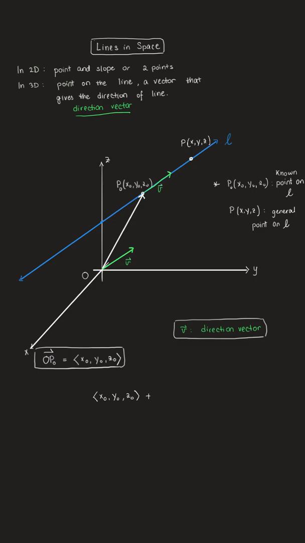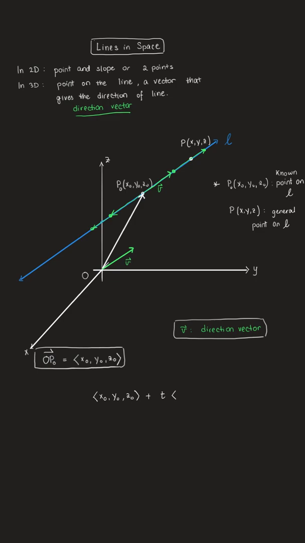And if I add v to our original P0, we're going to get another point on the line. If I add another v, we're going to get another point on the line. If I subtract v, we're going to get another point on the line. If I subtract half v, we're going to get a point on the line. So the way that we get all of our points on the line is by adding t times our direction vector v.